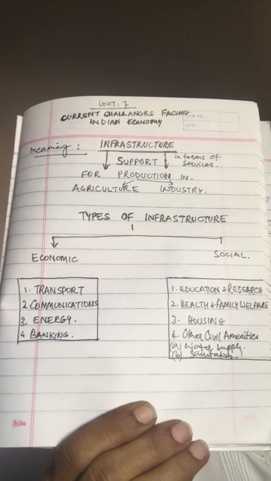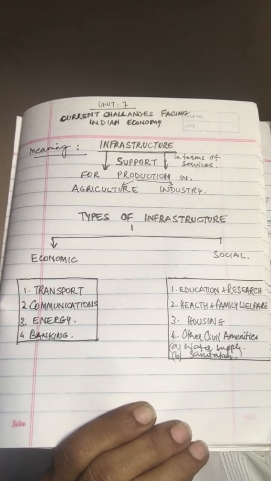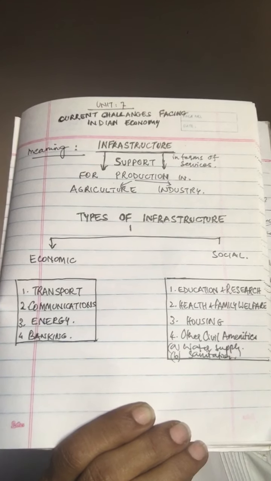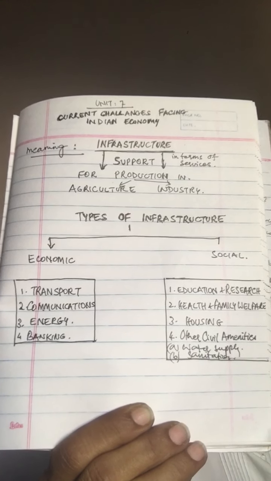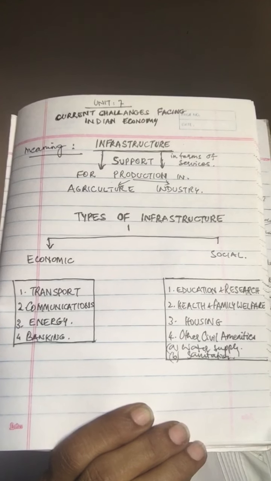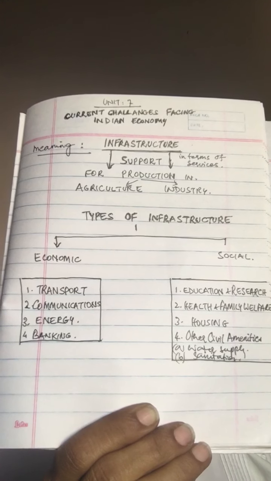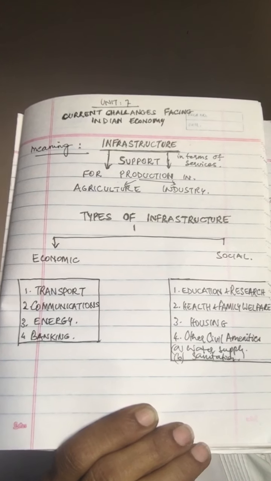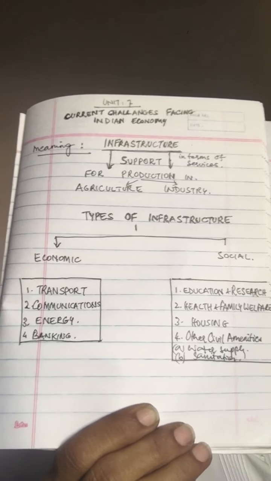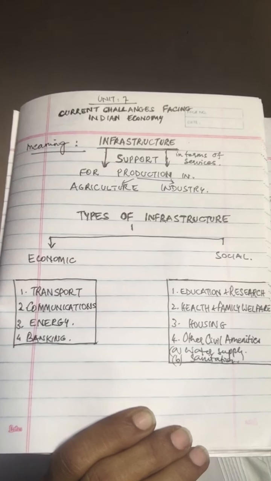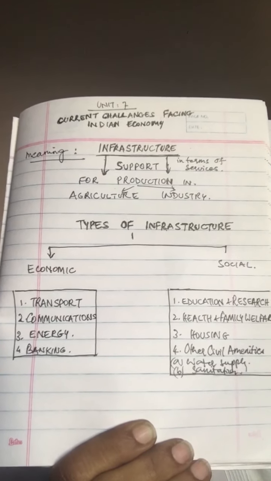These are some of the components of social infrastructure. These services are directly consumed by the people, but they are of immense help, yes, indirectly, in production of goods and services.